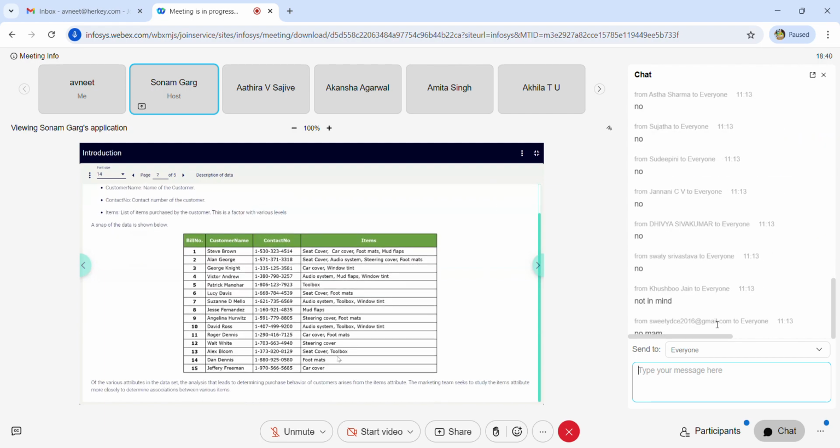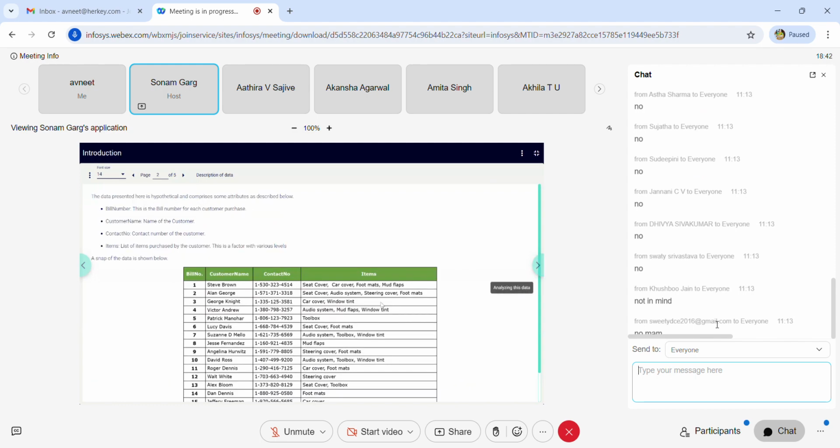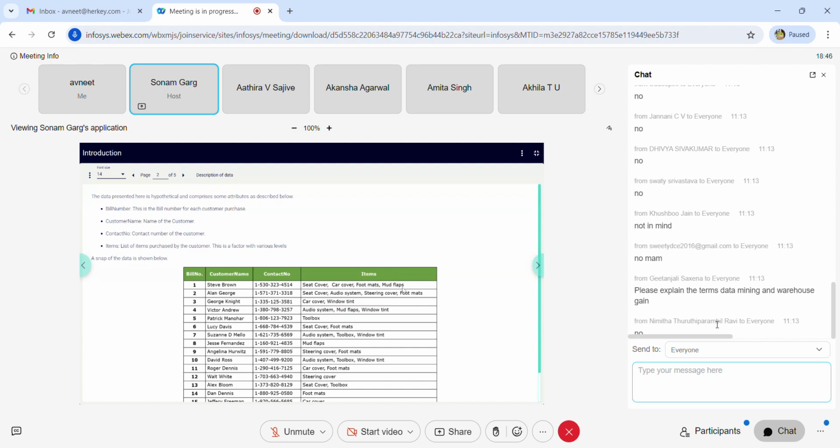So let's see how we use the a priori algorithm to find the frequently occurring set. See, if we do not go about the technicalities or the algorithms, then how will you do it?